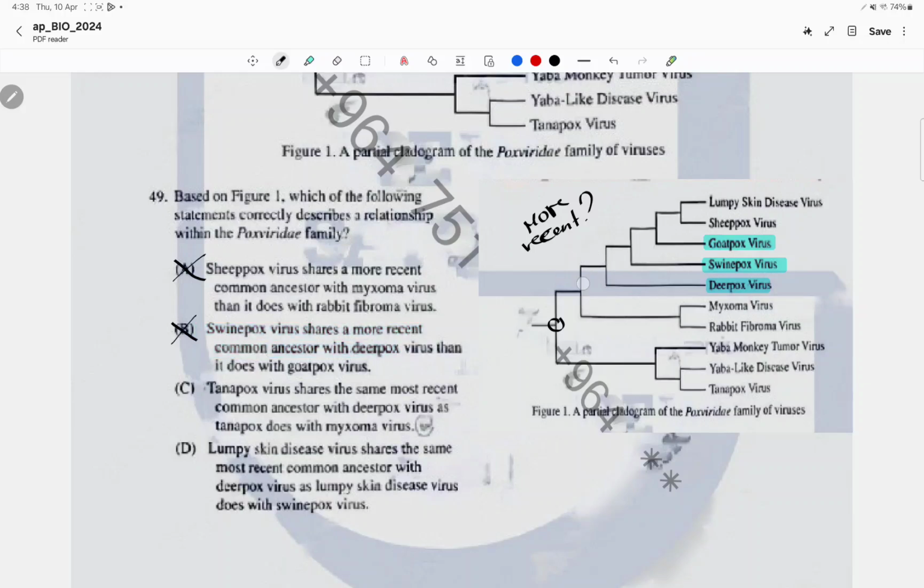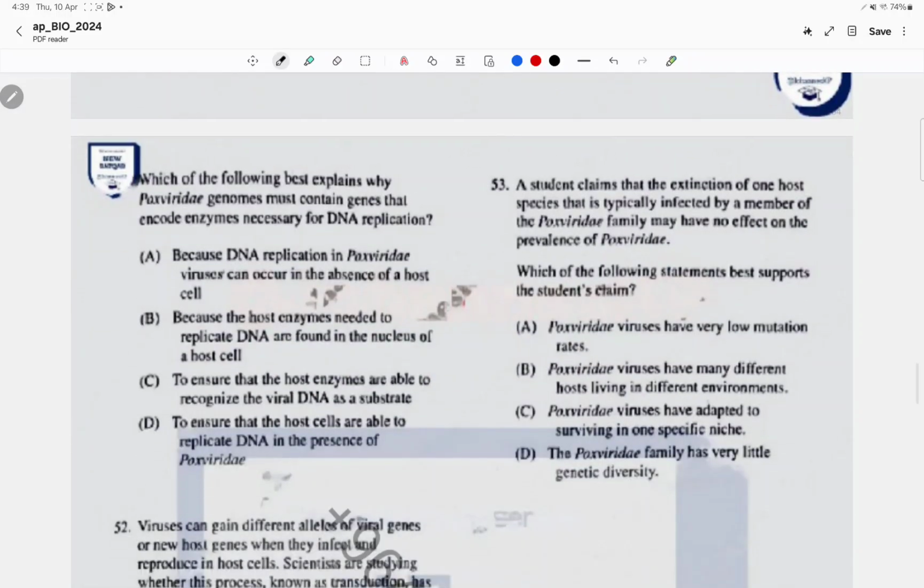It's C. Let's look at C. Tanapox, which is this one, shares the same most recent common ancestor with deerpox, which is all the way here, as Tanapox shares with Mycosoma, which is also all the way here. So it's choice C.